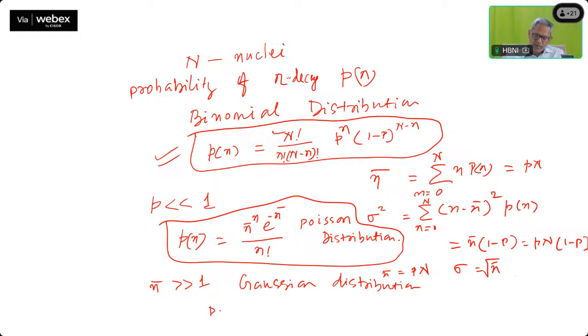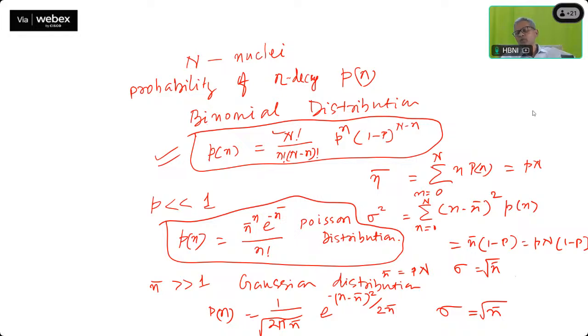So the probability can be written as e to the power minus (n minus n average) squared by 2 sigma squared, and in this case sigma is equal to root of n average. For most practical purposes, we can use the Gaussian distribution for our statistical analysis. Most of the measurements we do in physics will follow this Gaussian distribution.